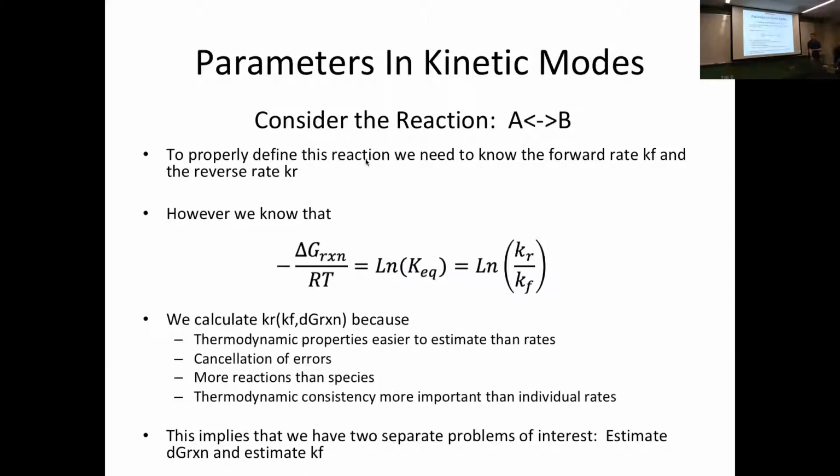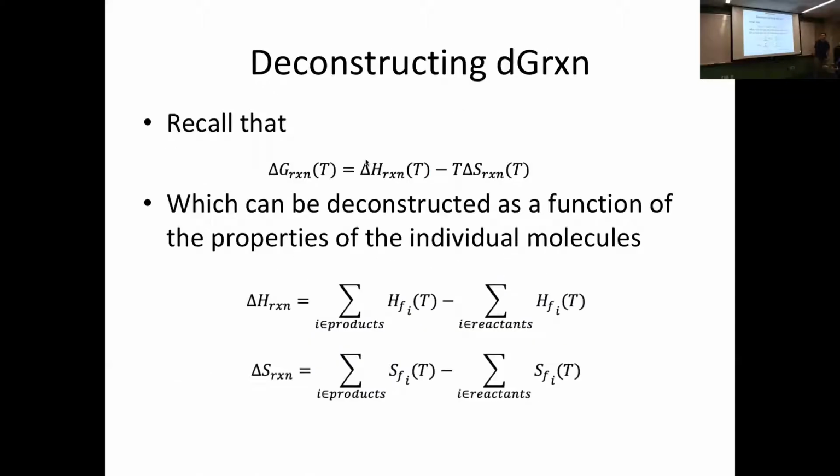And so in terms of estimating what all the rates should be in a model, we have two separate problems. We need to estimate the thermochemistry, and we need to estimate the rates, or at least the forward rates for everything. So we can deconstruct the delta G of the reaction, which is the important thermodynamic parameter we need to calculate. And we know that this is related to the enthalpy of the reaction and the entropy of the reaction. And we can deconstruct those as functions of individual molecules within the reaction.